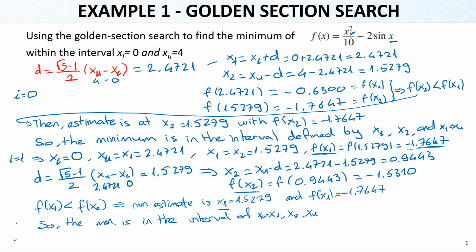So in iteration 2, our xl will be x1, which is 1.5279, and x2 becomes x1.